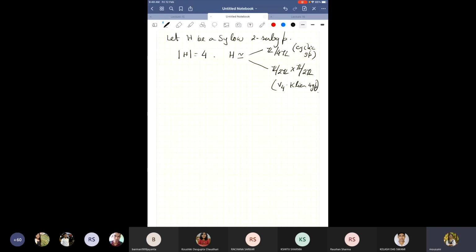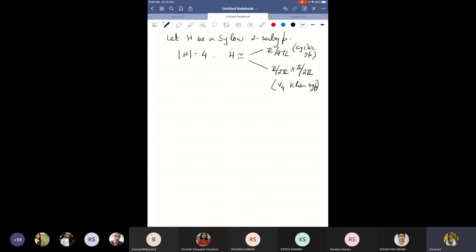So it is not only the cyclic group, there is another possibility, which is the abelian group Z2 cross Z2. Be very careful while dealing with this, because people are so used to Sylow p-subgroups being cyclic that they just write down that it will be a cyclic group. So be careful at this stage.